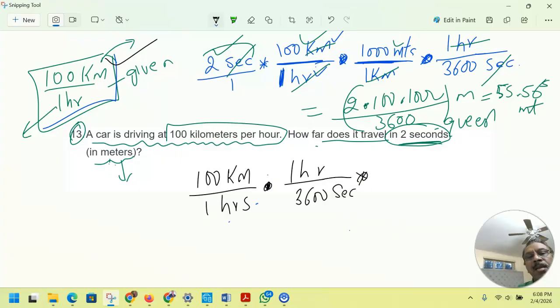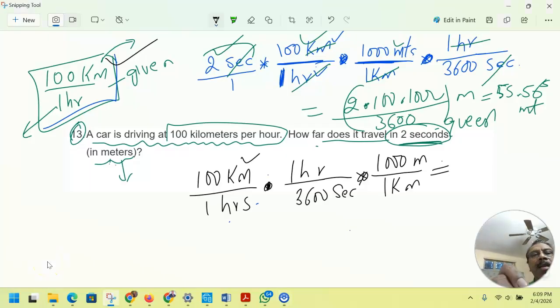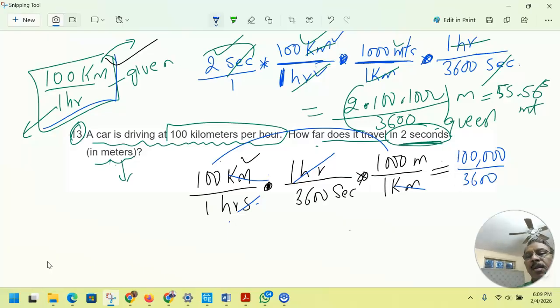Okay. And then again 1 kilometer you put down is 1000 meters. So if you do this, you will get this hour will cross out, and kilometer and kilometer. So and then when you multiply this, it will be 100,000, and down will be 3600.